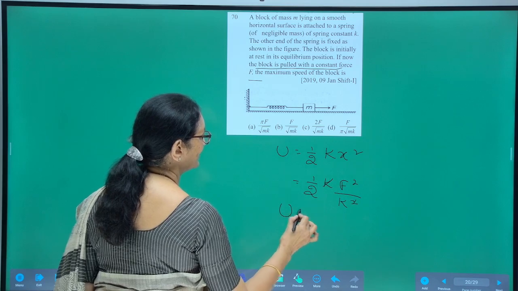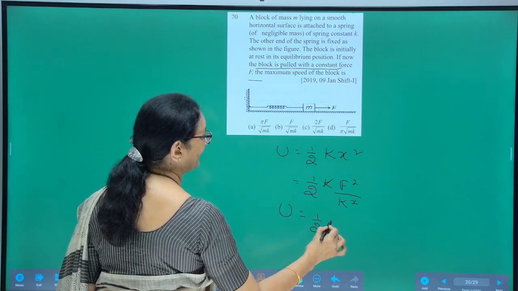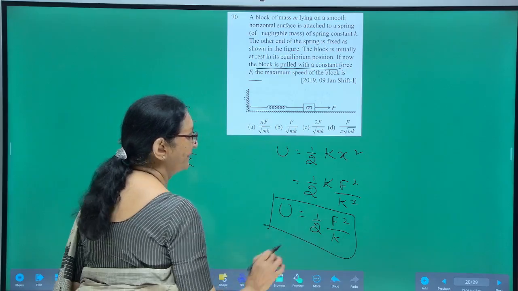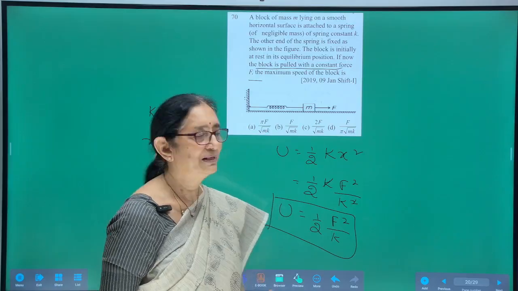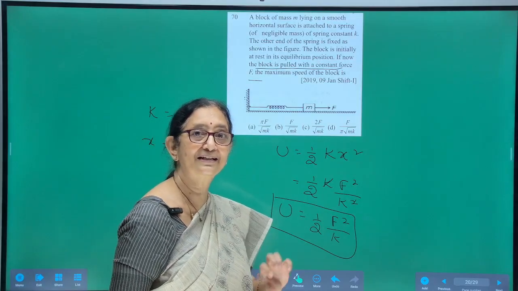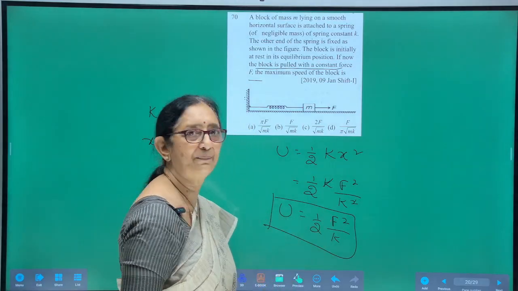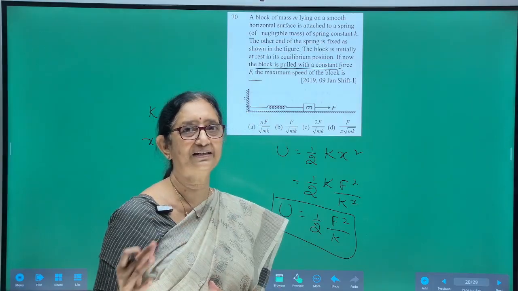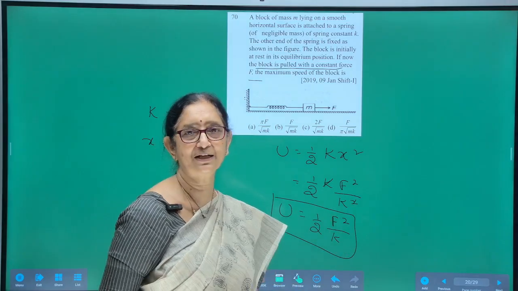So, another expression for the energy stored in a spring is half F square by k. This is the suitable expression. So, on applying a force, the maximum possible energy stored in the spring is F square by 2k. This is the maximum possible energy when the spring is in its compressed or extended state.